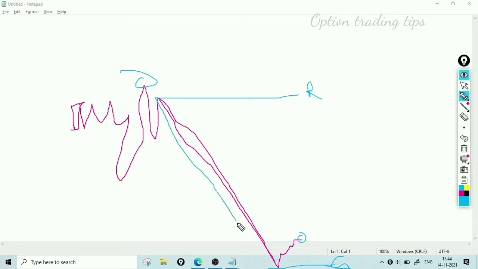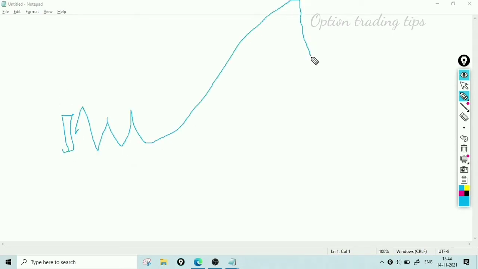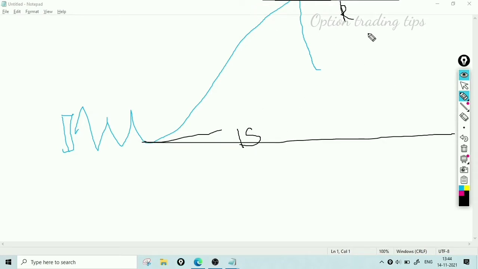I use only the high and low of the particular rally. Similarly, the first candle moves like this, goes huge up and closes here. I mark the rally high and low, this is support and this is resistance. I mark these lines for upcoming days.